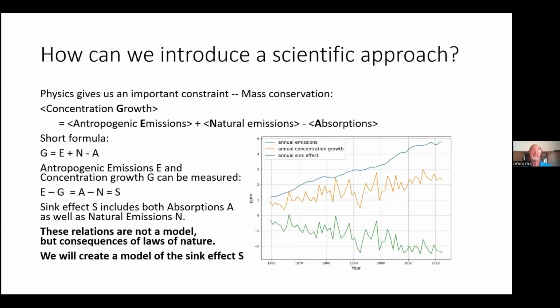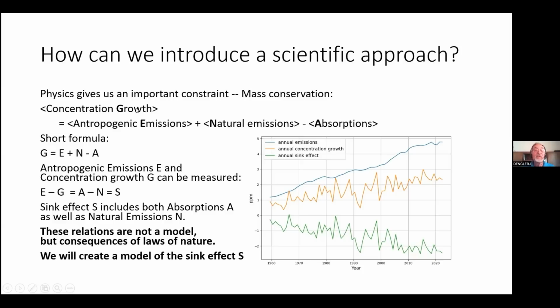Okay, but now how can we introduce a really proper scientific approach? As I mentioned, physics gives us an important constraint, and this is mass conservation. You can imagine mass conservation as a bank account. All emissions, meaning anthropogenic emissions and natural emissions, are the input, and the absorptions are the output.